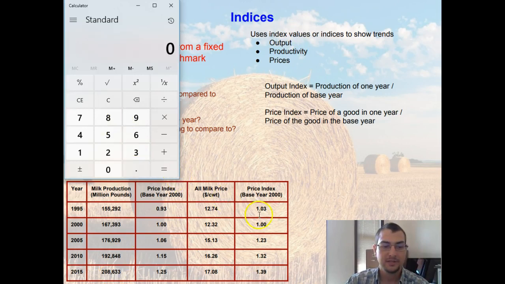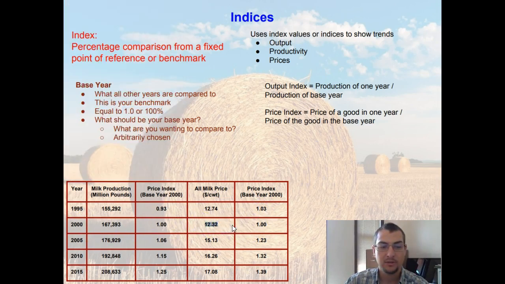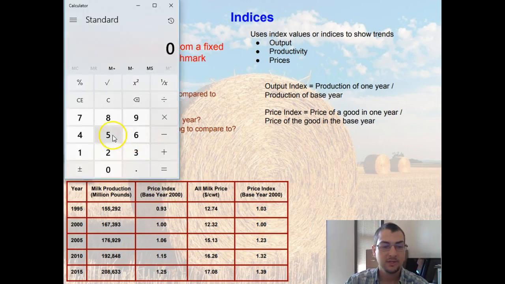If we do a price index, we're going to compare everything back to the year 2000, just like we did before. We see that 2000 is our base year. The base price would have been $12.32 per hundredweight on that milk. And we see that our price index is equal to 1, which is exactly what we'd expect. So let's compare the price of milk from 1995 to the price of milk in the year 2000.